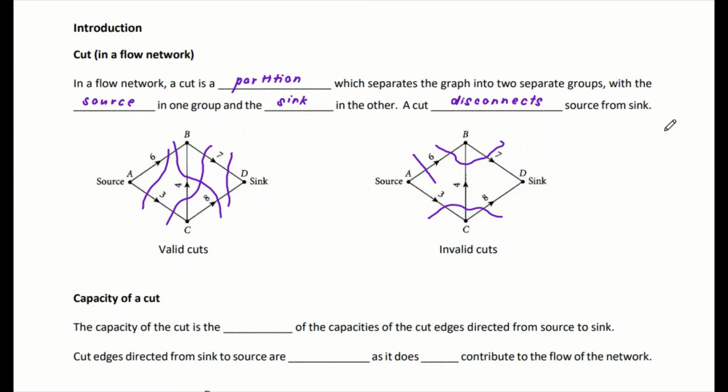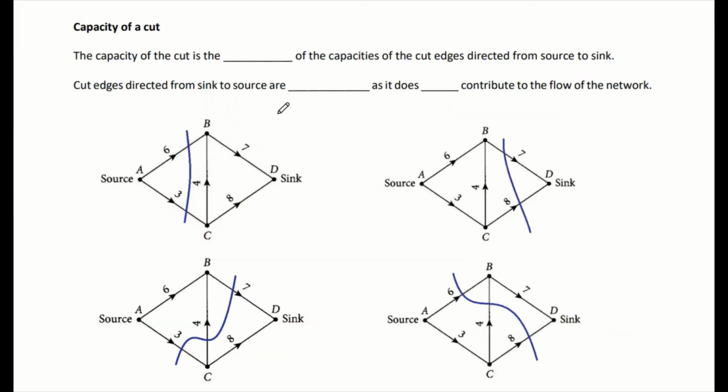Now we'll look at how to calculate the capacity of a cut and what is meant by the capacity of the cut. The capacity of the cut is the sum of the capacities of the cut edges directed from source to sink. Previously we learned that in a flow network, the flow always goes from the source to the sink, and none of the flow goes in the opposite direction.